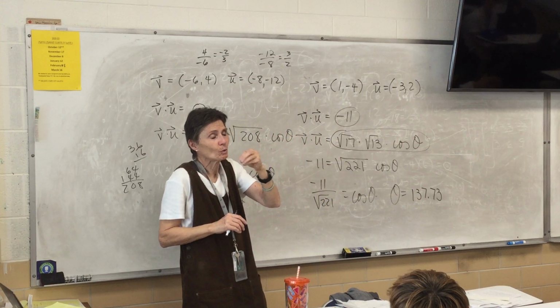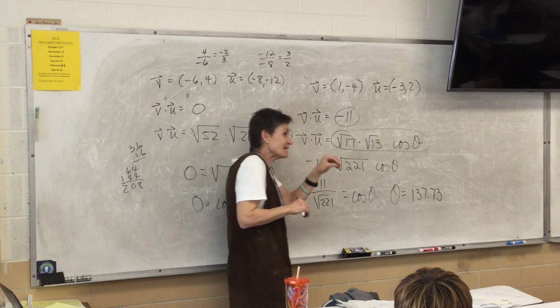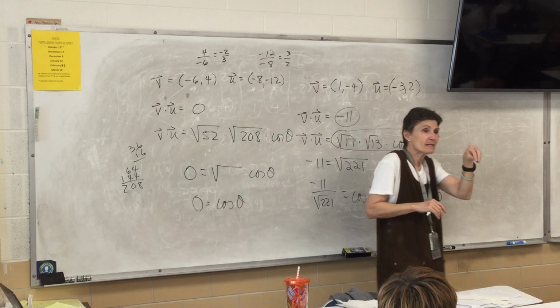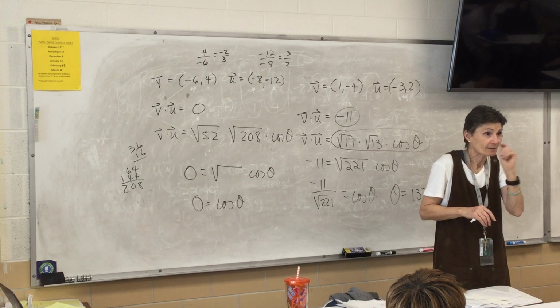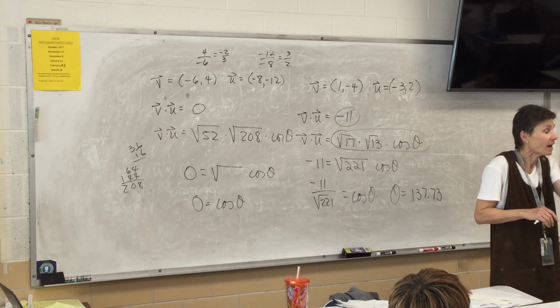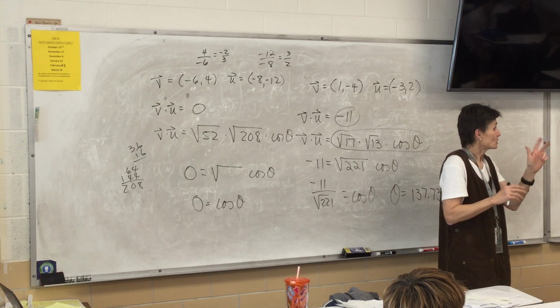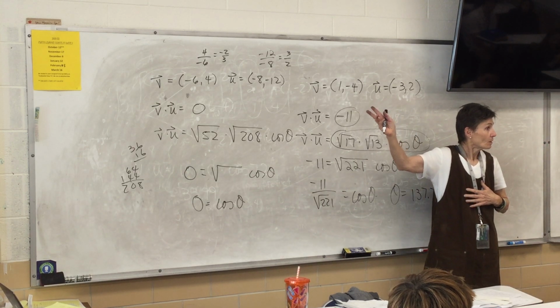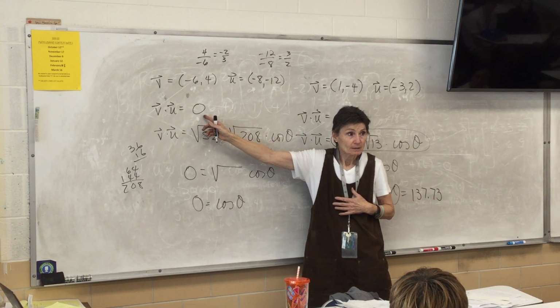So if somebody says, are these two vectors orthogonal? You can do two things. You can check their slopes, or you can do their dot product.